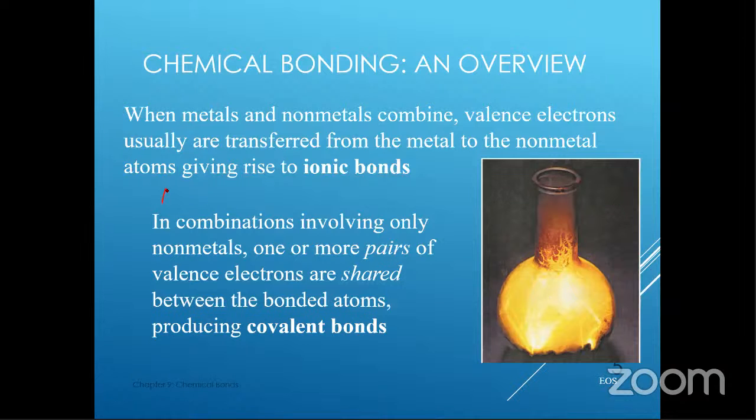The reaction is Na plus Cl2 to form NaCl, right? And this is a very exothermic reaction, generates a lot of heat and light, all right? So that's basically the reaction that takes place, and ionic bonding is taking place as the product is formed, all right?